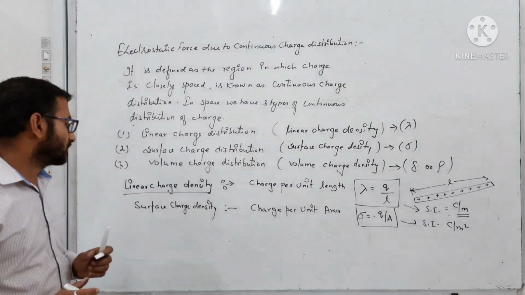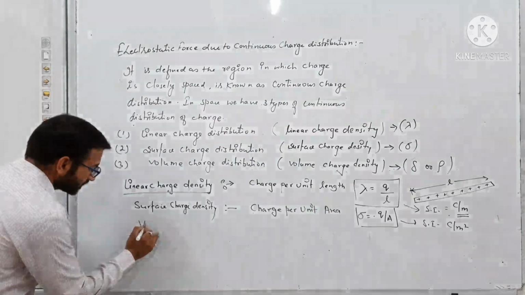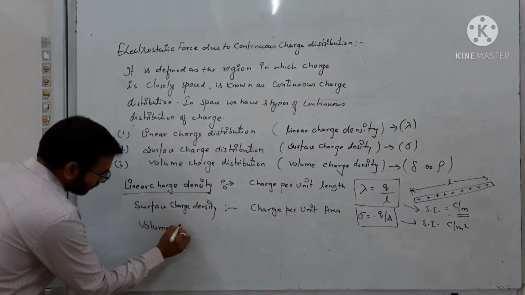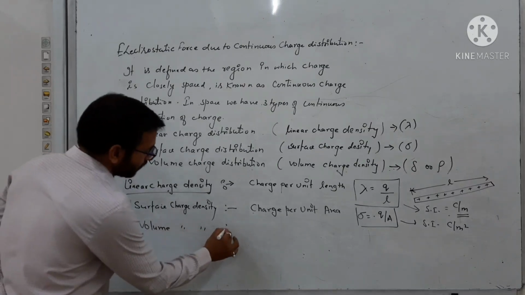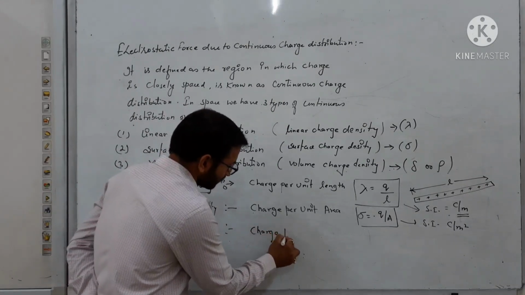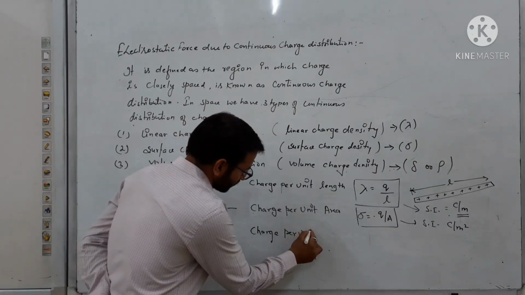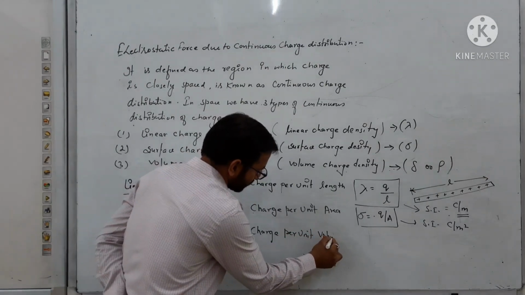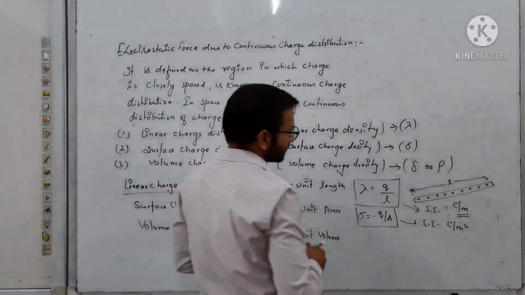And after that, volume charge density. The same definition: charge per unit volume is called volume charge density.